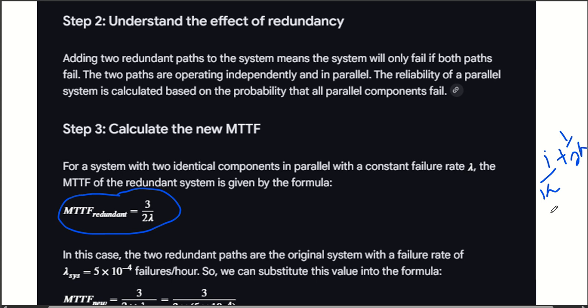We just have two parallel paths, so that's it. There is actually a more rigorous proof.